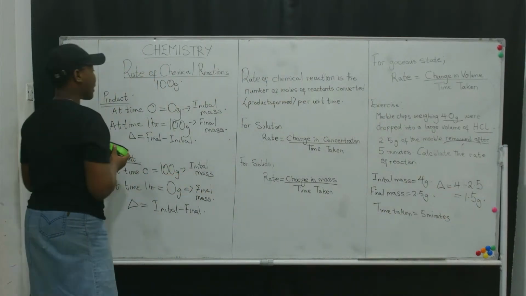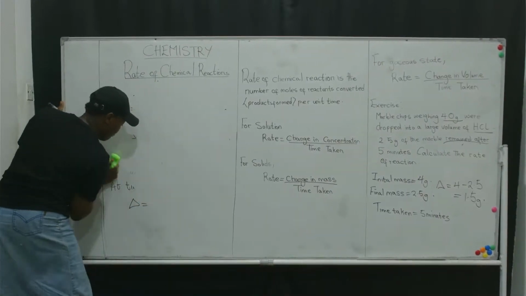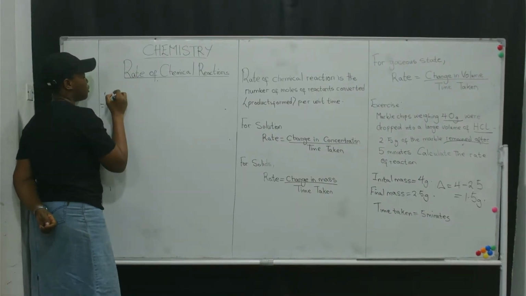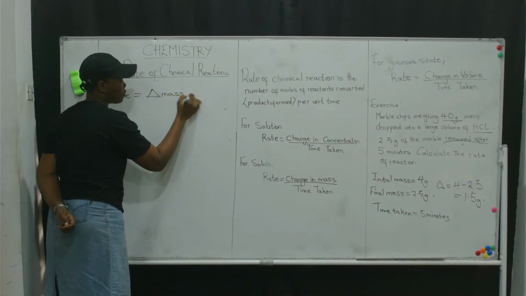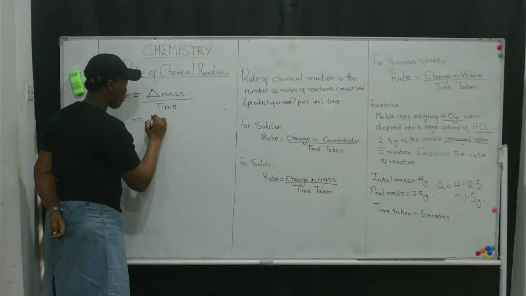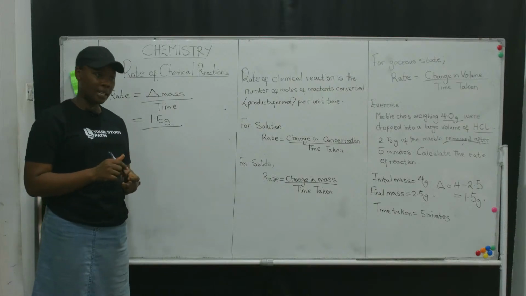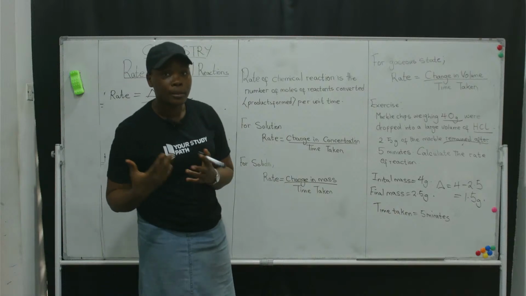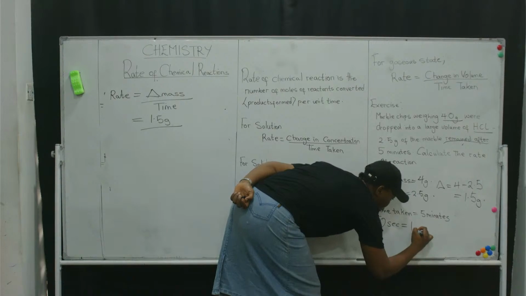Okay, so I can clean this up. This was just an illustration. Okay, so rate is change in mass over time, right? Change in mass is 1.5 gram. Our time, we're given in minutes. There's a need to convert to seconds. 60 seconds is equal to 1 minute.